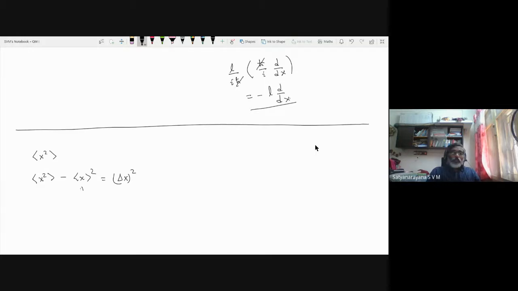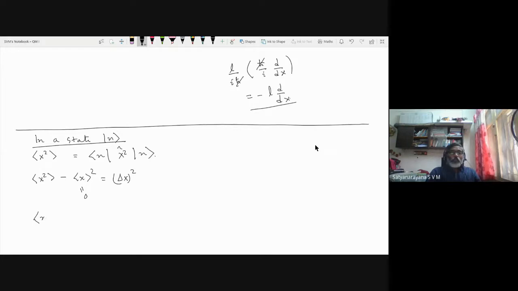But then we know the average of x is already equal to 0 because we have argued that earlier. Now, to find out the average value of x square in a state given by energy eigenstate n, you have to ask what is n x square operator n.